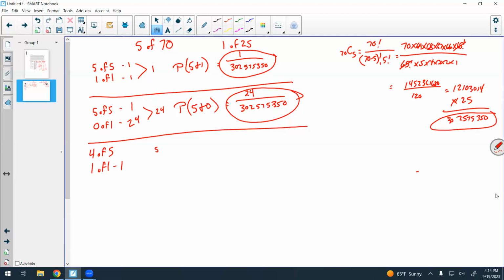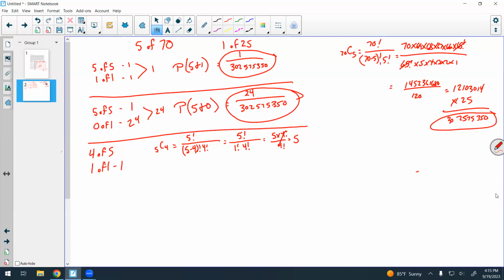So I have 5 numbers and I'm getting 4 of them. 5 factorial over 5 minus 4 factorial, 4 factorial. 5 factorial over 1 factorial, which is just 1. And 4 factorial. So I have 5 times 4 factorial over 4 factorial, which is 5. However, I can get 4 of the 5 winning numbers 5 different ways.